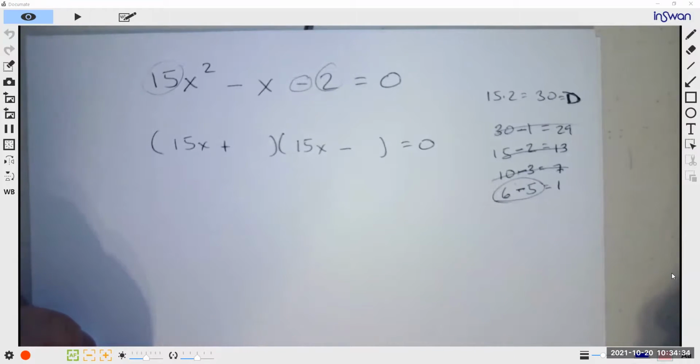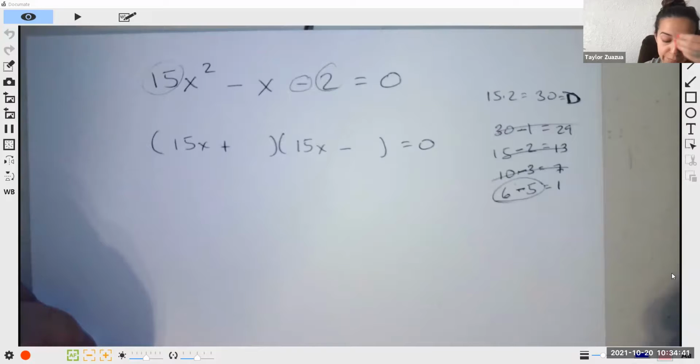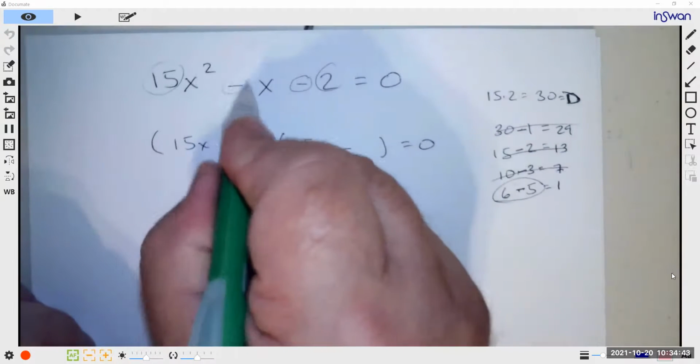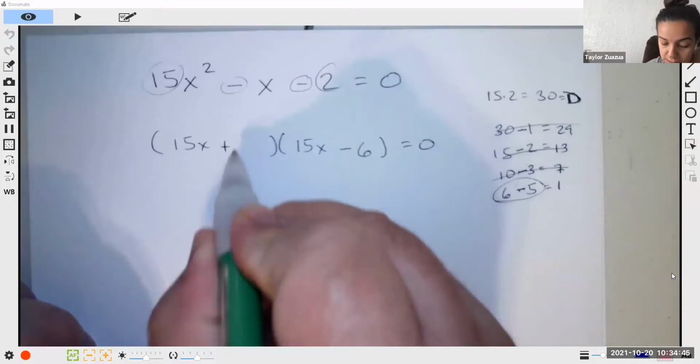Then what do you do with those numbers? The larger number goes to the first sign, the negative. So it'll be 5 and 6.